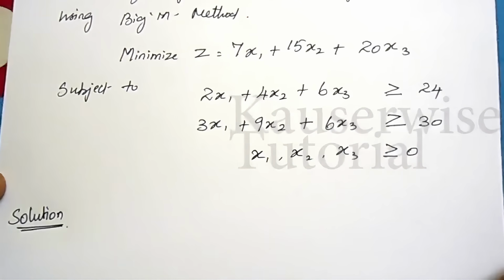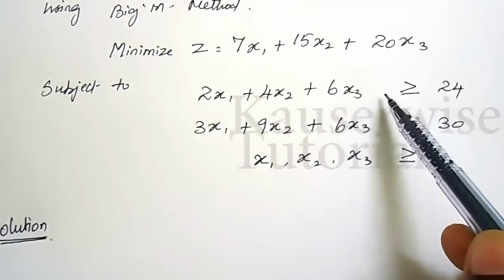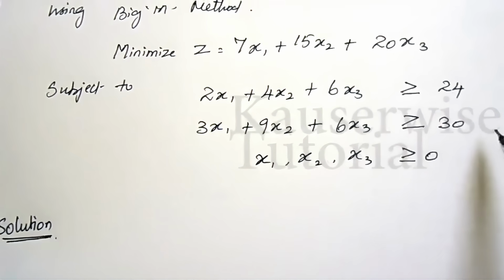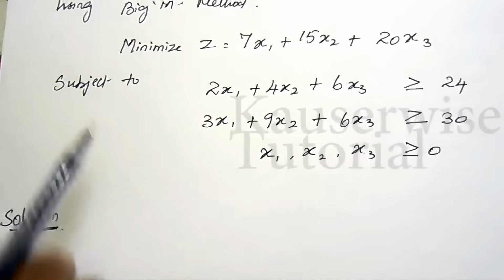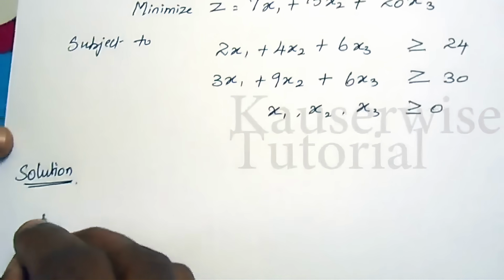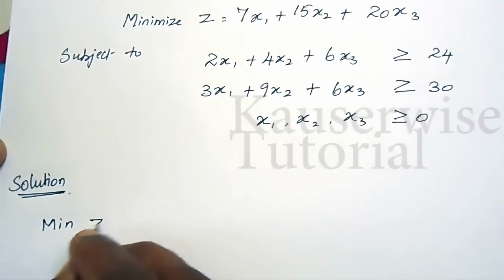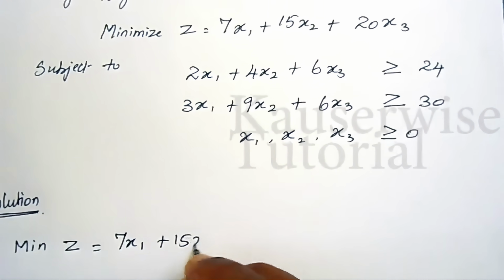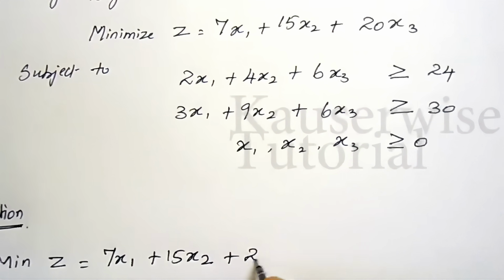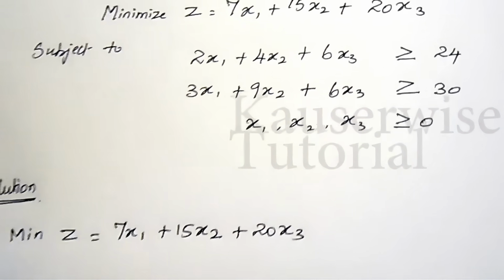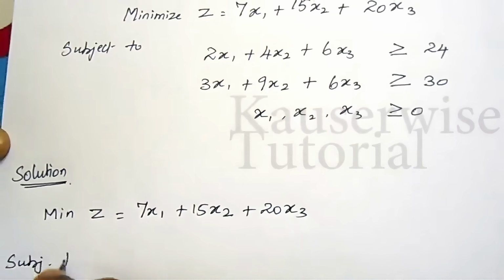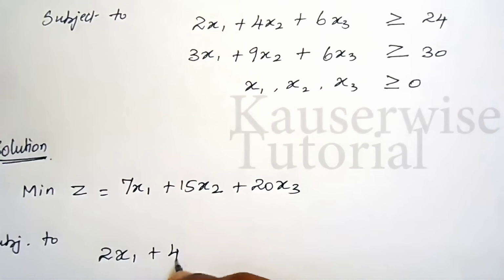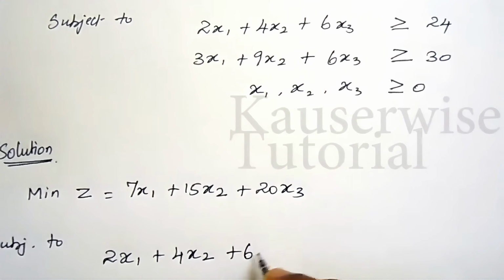The first step is we need to subtract surplus variables and add artificial variables in the two constraints. Before that, we need to write the objective function, that is minimization z is equal to 7x1 plus 15x2 plus 20x3, subject to the first constraint 2x1 plus 4x2 plus 6x3.